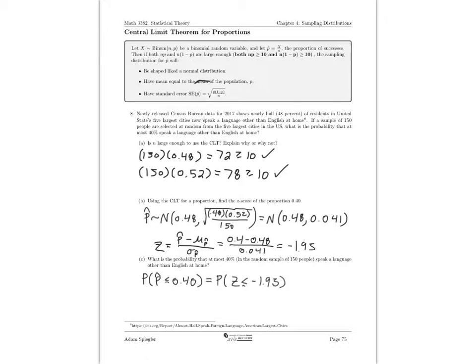And then we could look this up using the standard normal distribution table, for example, and get 0.0256, or you could use R if you wanted to get this value. So we would see that it's not really likely. There's about 2.5% chance that we would get a sample of 150 people which has at most 40% of the people that speak a language other than English at home.